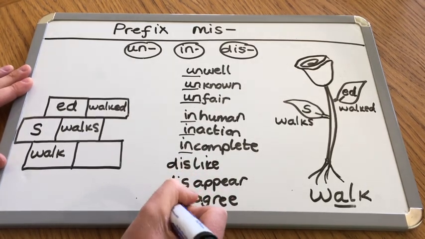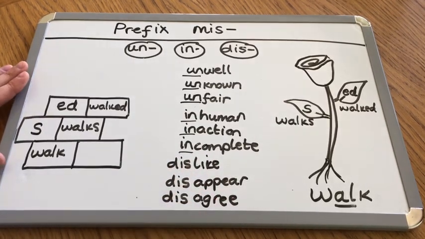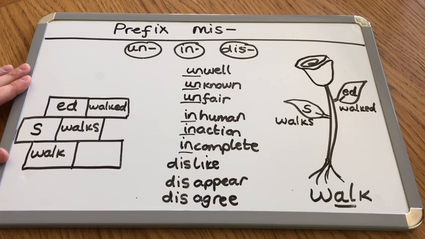So now we dislike, disappear, or disagree. The prefix miss is extremely similar. It also means not or opposite when you add it to a root word. It can also mean wrong. So we're going to have a look at that now.